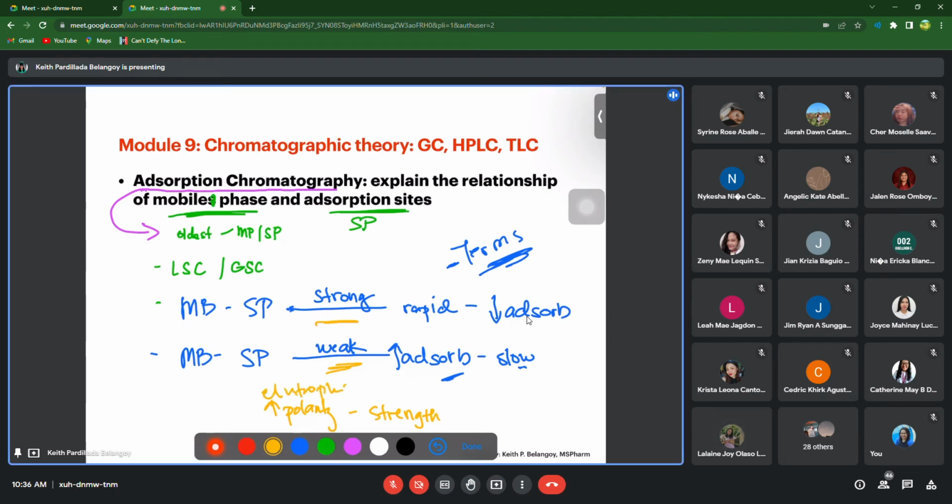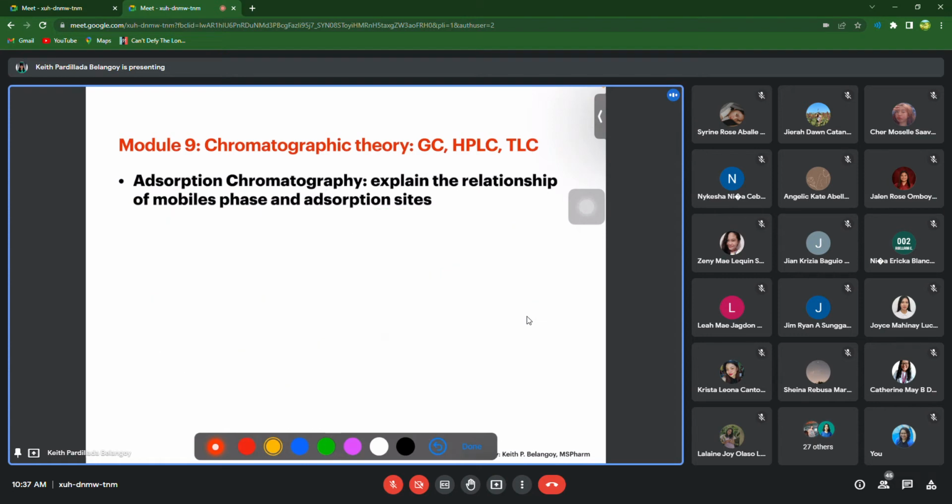Yes, very good. So, what you were trying to say is that the strength or the weakness and the rapid and the slow motion of the samples is still dependent on the polarity. And we could actually check for polarity, the strength, whether it is suitable for the mobile phase for your adsorption chromatography. So, if you look at your module, you have that one in here.